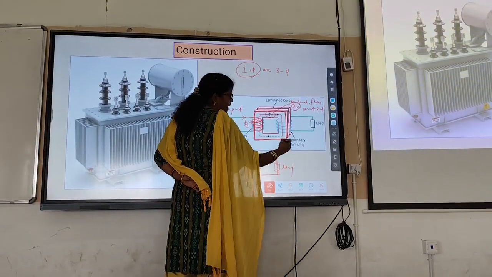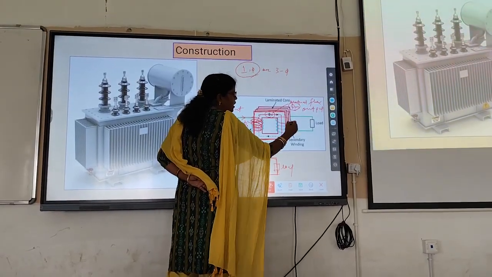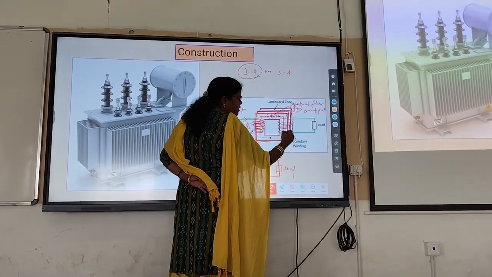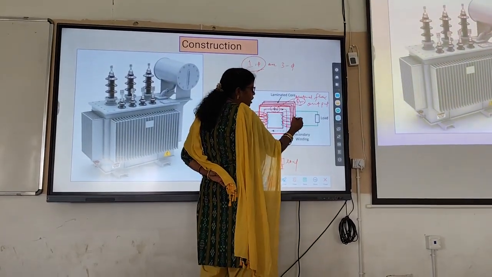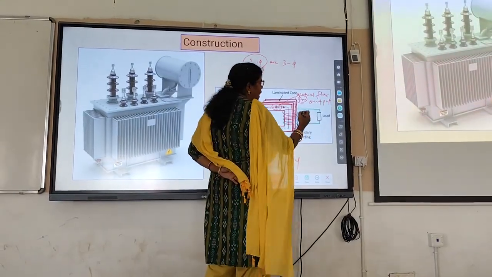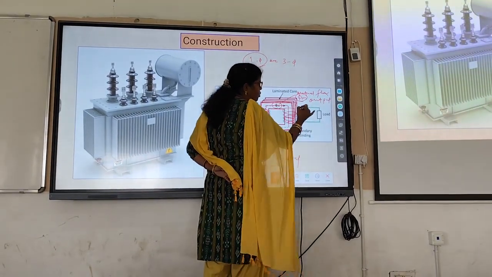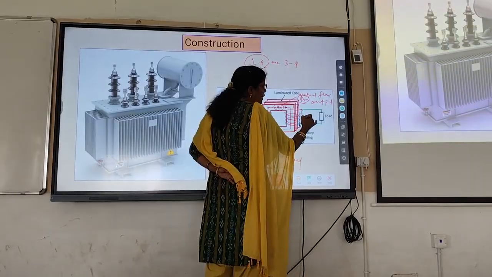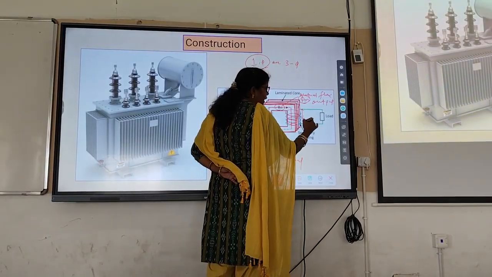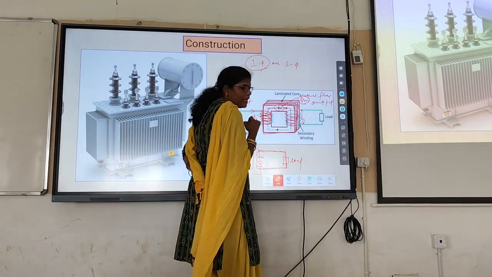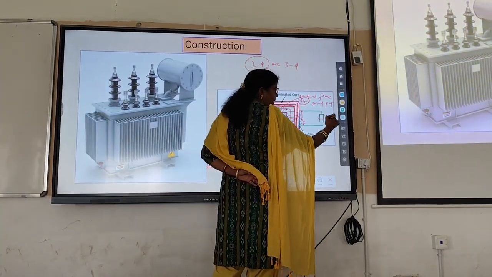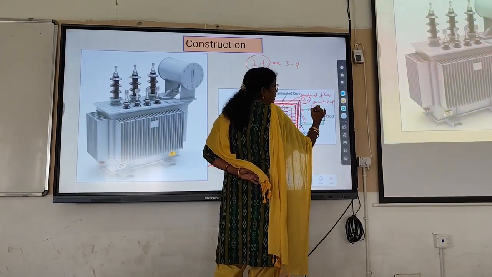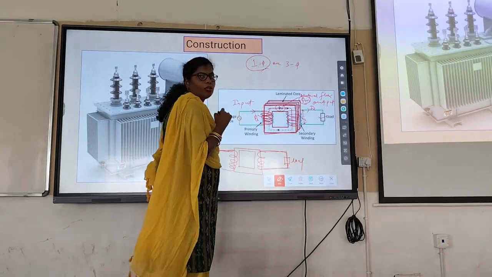Then this flux is again caught by the secondary winding. When flux is caught by the winding, according to Faraday's laws of electromagnetic induction, there is an EMF E2. Since there is an EMF and you also connected a load, the load demands a current I2.